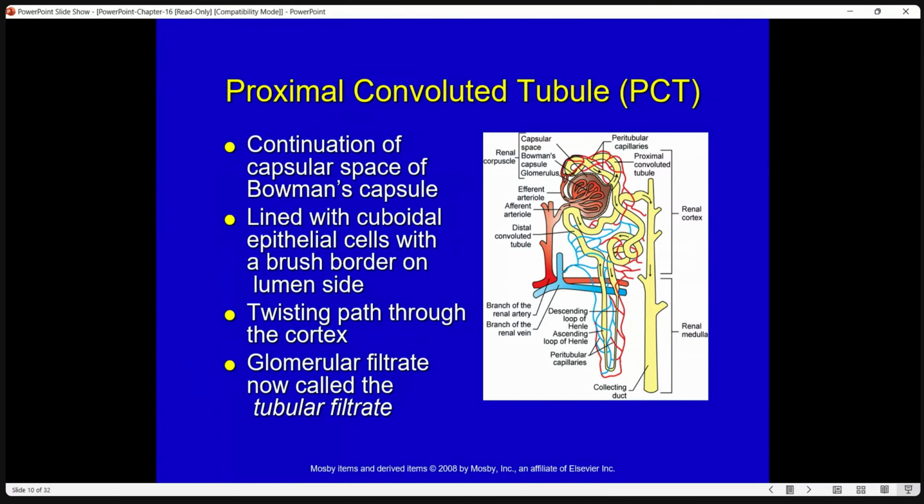So we have the proximal convoluted tubule. Of course, that one is around this place, just above the glomerulus.